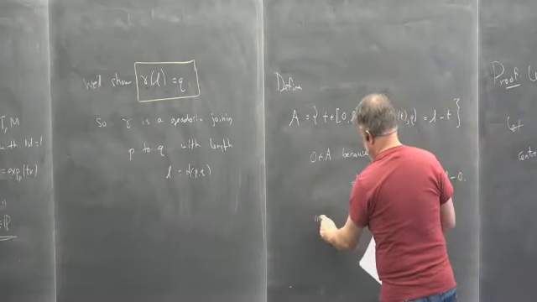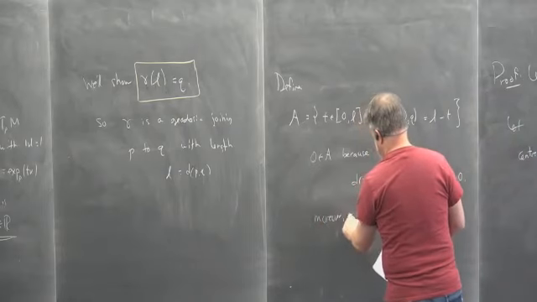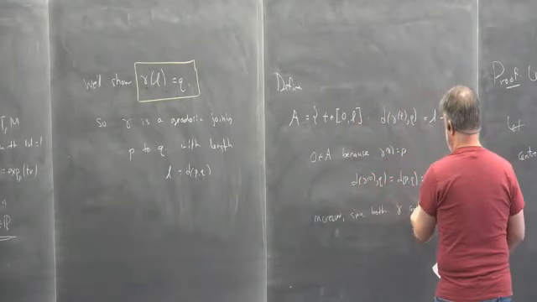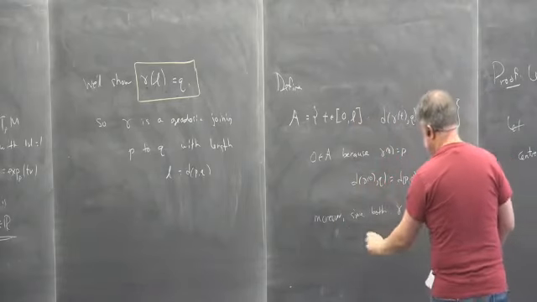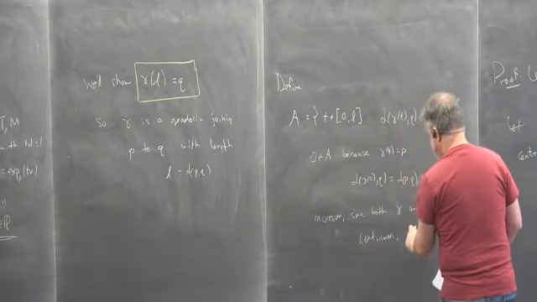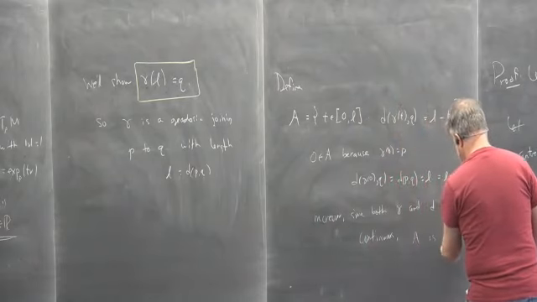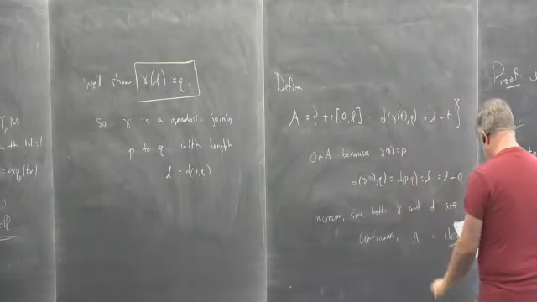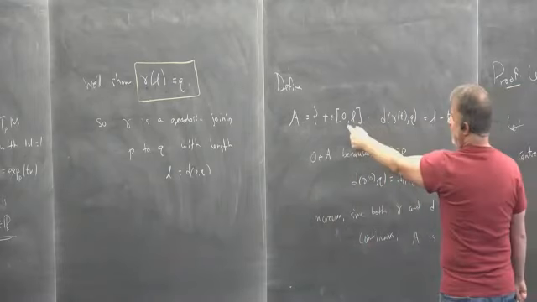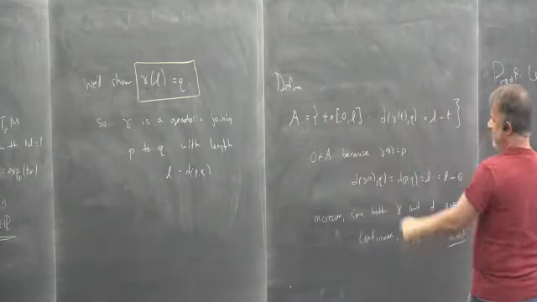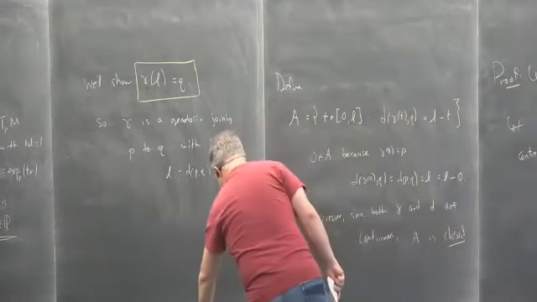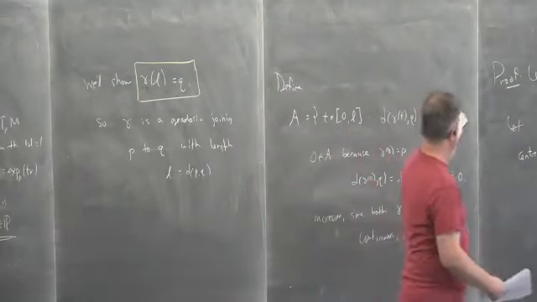Moreover, since both gamma and D are continuous, A is closed. Right? Because if I look at a sequence of T's in here converging to some limit, then by the continuity of gamma and D, this will hold at the limit as well.